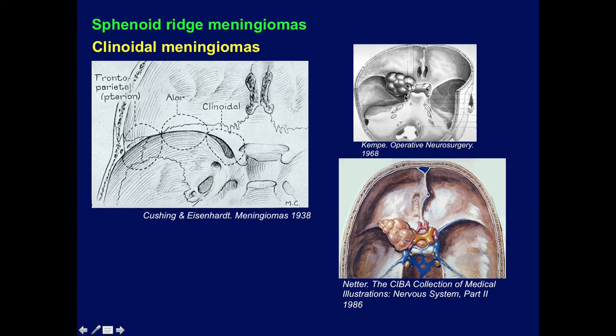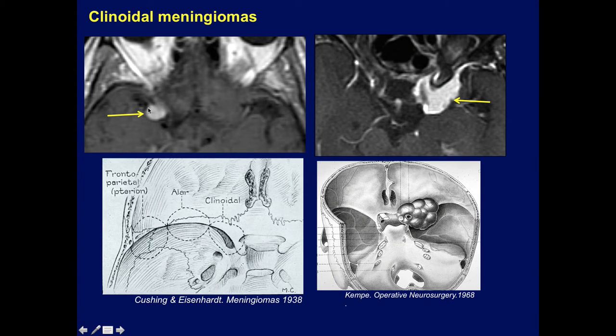So this is really the most dangerous meningioma, and these are called clinoidal meningiomas, as you can see in this picture over here. And because I've shown these, I'll just show again this lateral clinoidal meningioma. This is the most serious that I showed before.